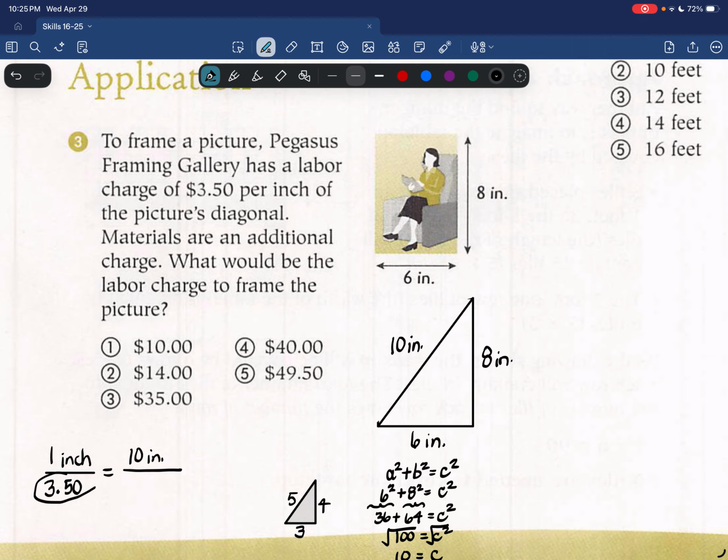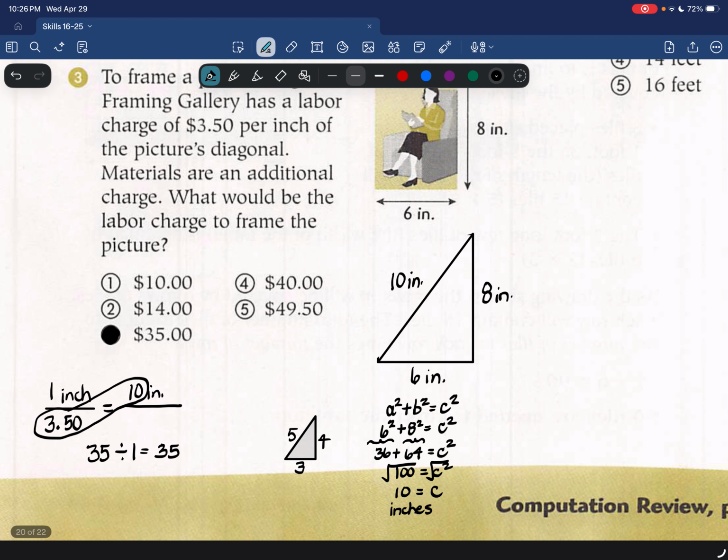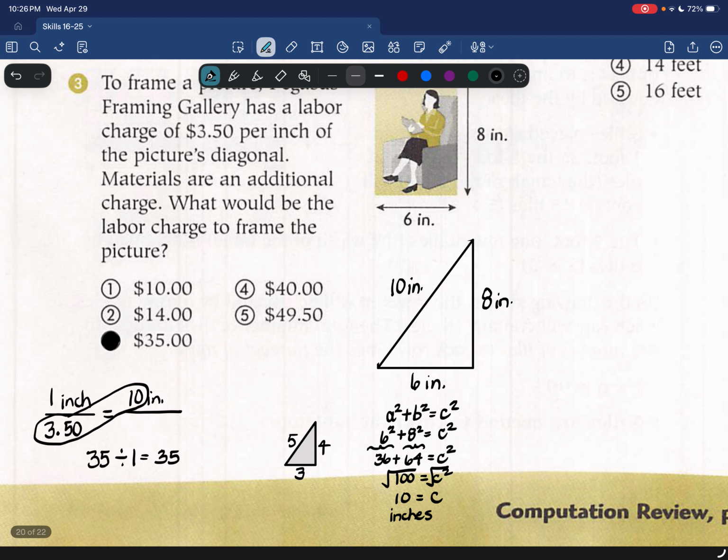So you will multiply 10 times 3.50, which is 35, divided by 1, is $35. So it will cost in labor $35 to do this picture. She will also have to pay the materials.